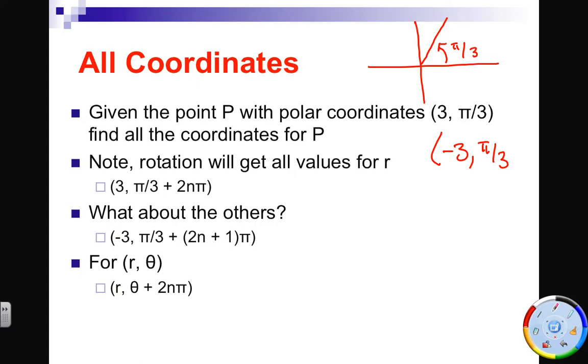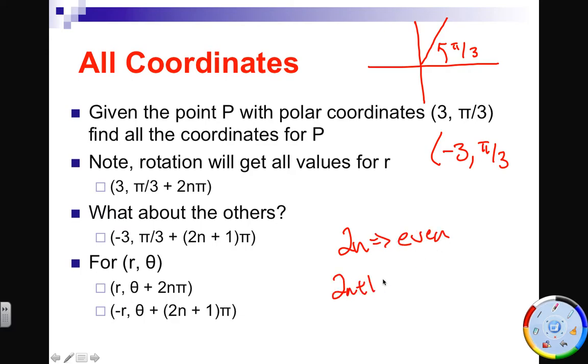In order to find all different coordinates, you would do r comma theta plus 2n, and the opposite of r and theta plus 2n plus 1. And by the way, if you are unfamiliar with this, 2n is all of our even numbers, and 2n plus 1 means odd.